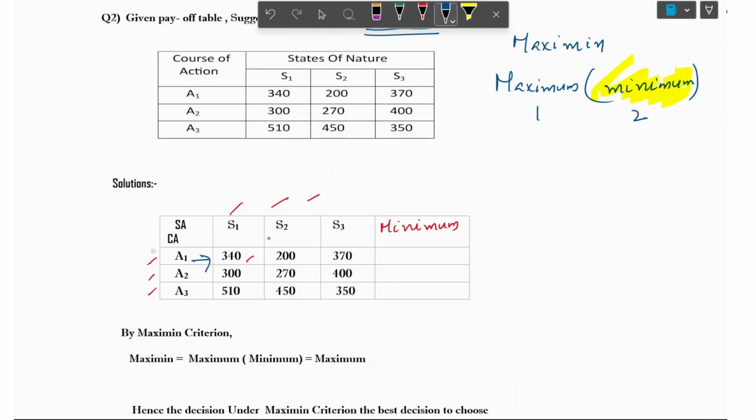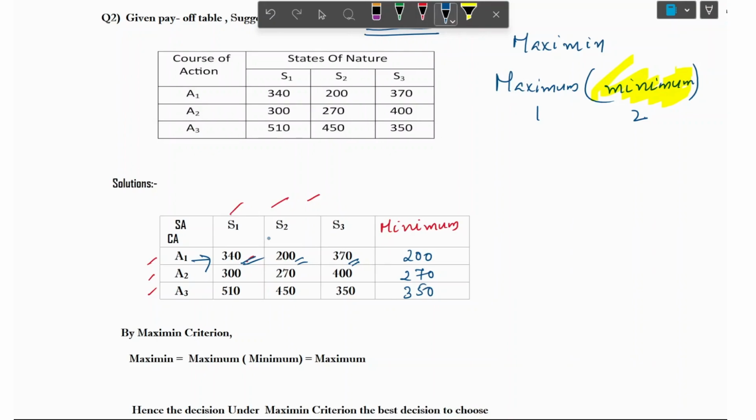That means against A1: 340, 200, 370. What's the minimum value? 200, the smallest value. Here, the minimum is 270. And here, the minimum value is 350.